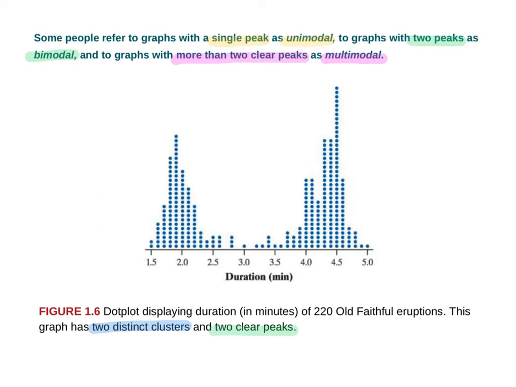We call a single peak unimodal. And as you can guess, if you have 2 peaks, like in this example, we call that bimodal. And when there's more than 2 clear peaks, that's called multimodal. So we would say that this graph, for example, has 2 distinct clusters, right here and right here, and it has 2 clear peaks, making it bimodal.